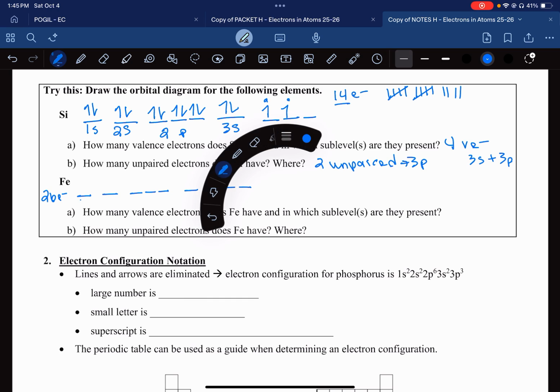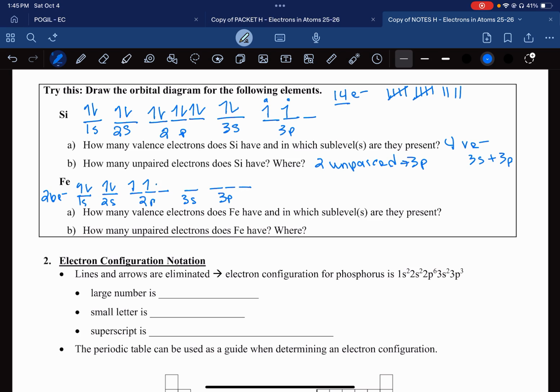Let me just fill these in. 1s, 2s, 2p, 3s, 3p. So 2, 4, 6, 8, 10, 12, 14, 16, 18. All right, so we have 18 so far.